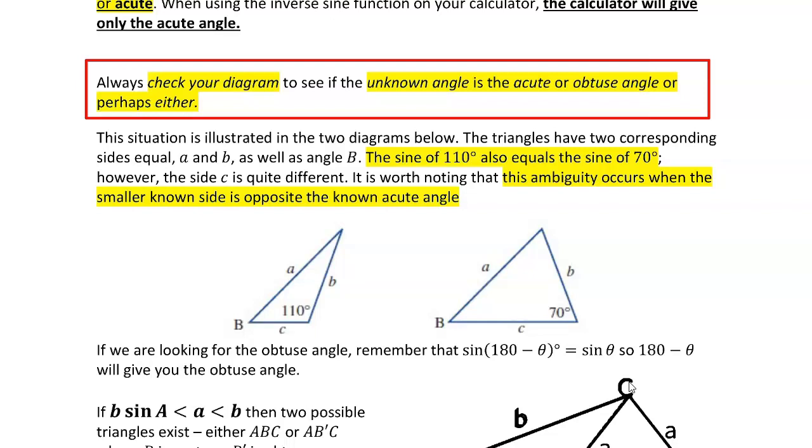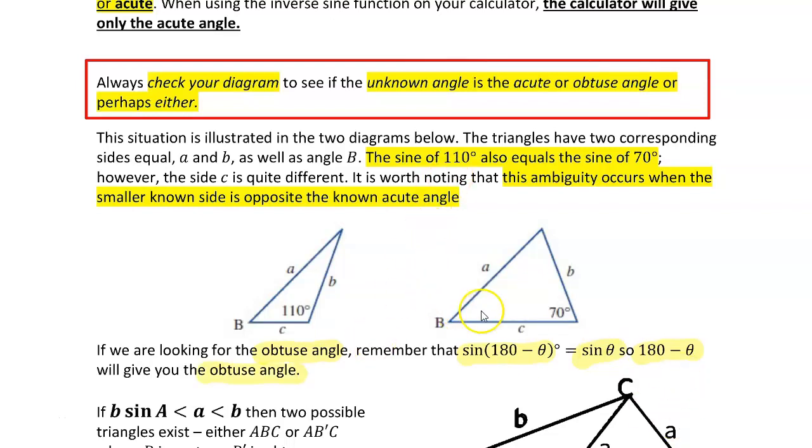So if we're looking for an obtuse angle, remember that sine of 180 minus theta equals sine theta. So 180 take away theta will give you that obtuse angle.